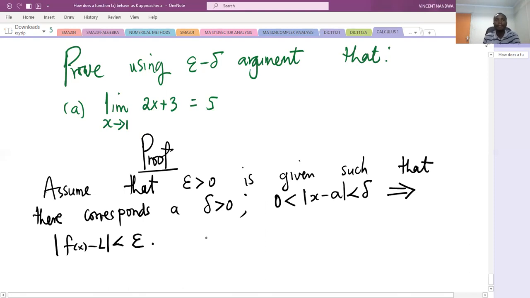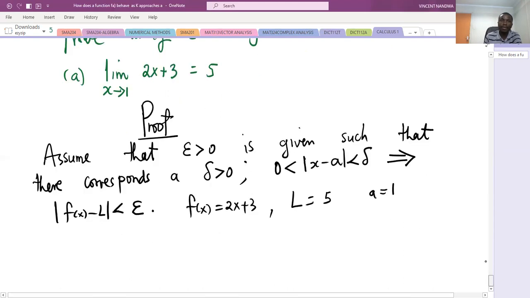Now, in our case here, f of x is 2x plus 3, our L is 5, and our A is 1. So therefore, we say absolute value of x minus 1 must be less than delta. Call it equation 1.